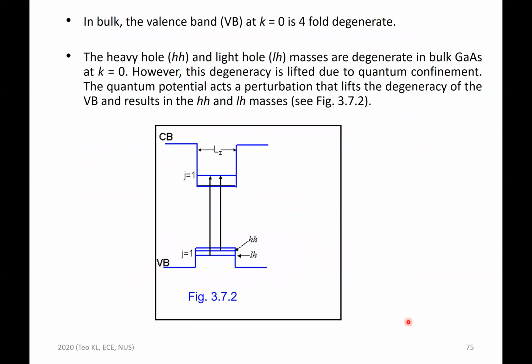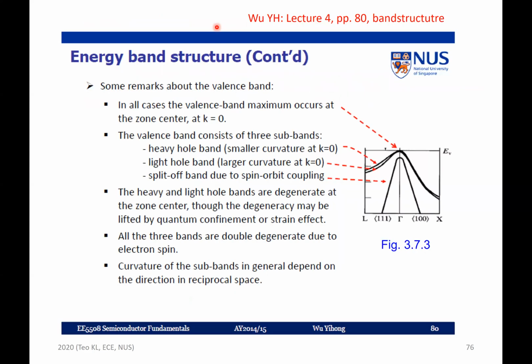Now, again, in bulk gallium arsenide, remember at the valence band, this is the profile diagram. The top of the valence band is 4-fold degenerate because the heavy hole and the light hole all occur at the zone center at k equals 0.